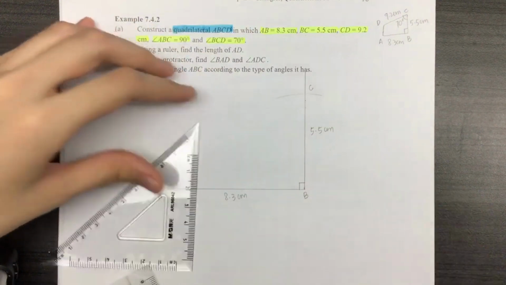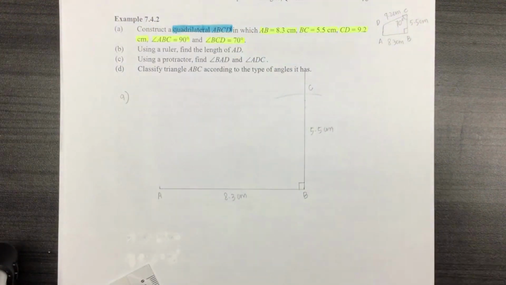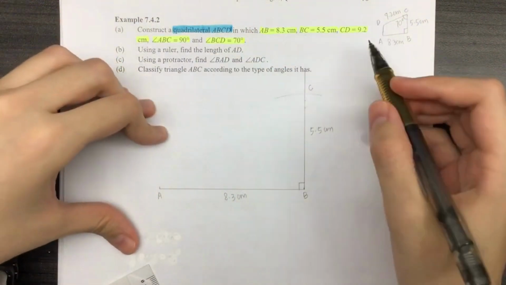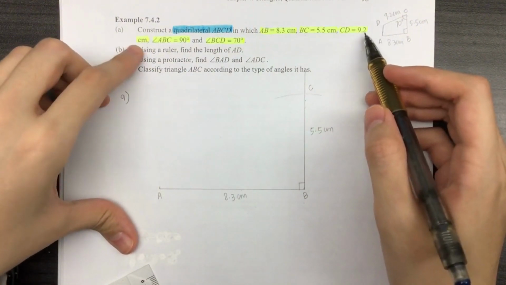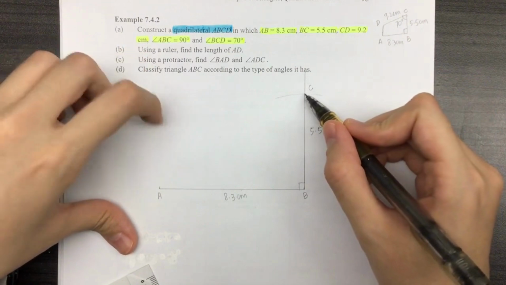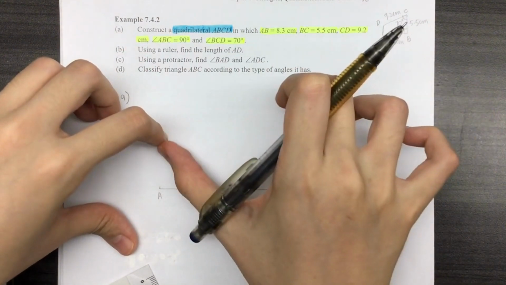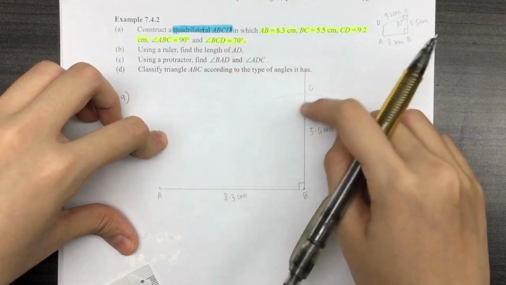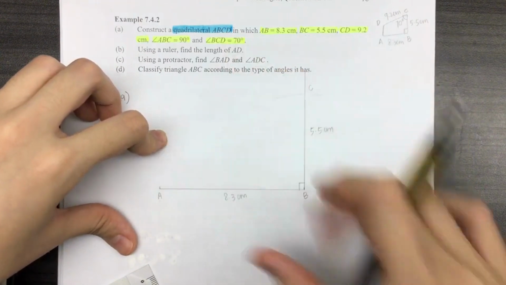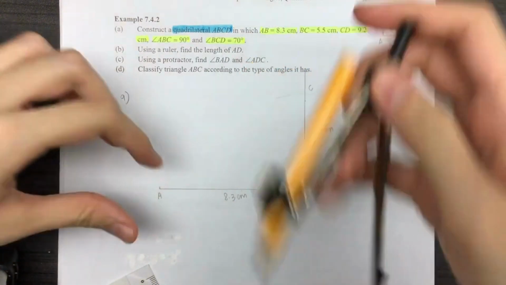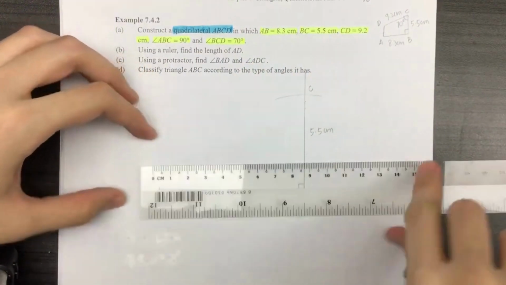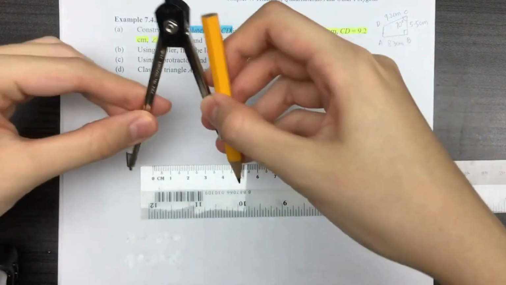Now let's move on. The other information that we have is CD equals 9.2 cm, so C to point D is 9.2. But because it is 70 degrees here, we will need to make use of our compasses again and measure, enlarge it.